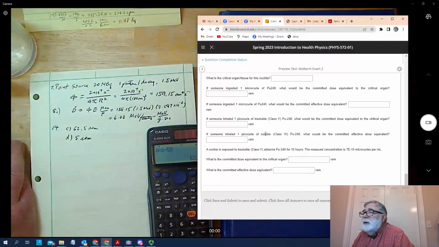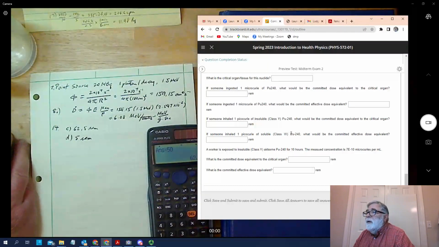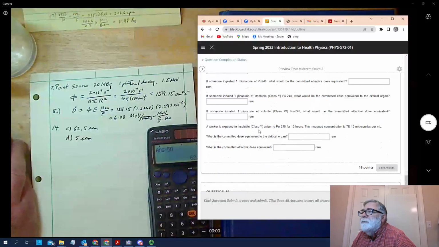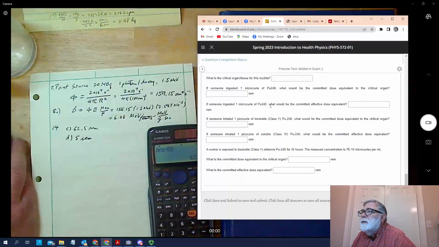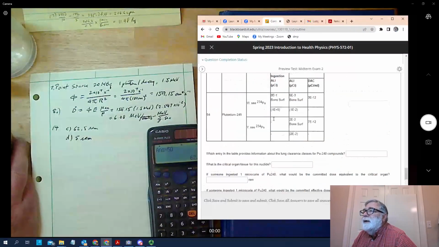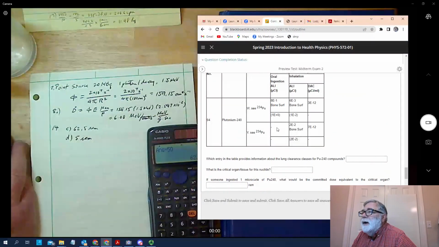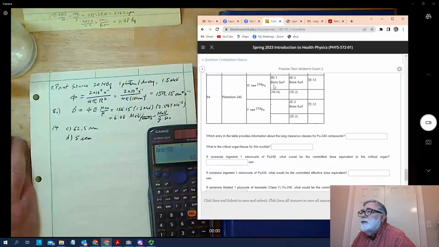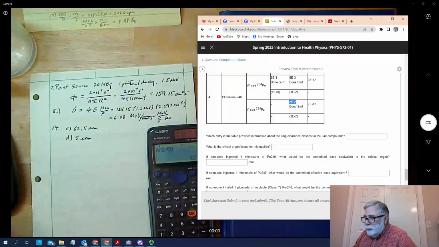If someone inhaled 1 picocurie of class Y plutonium-240, what's the effective dose equivalent? So we're now inhaling class Y. And I've got the critical organ. So class Y right here. Critical organ is bone surface, 0.02.